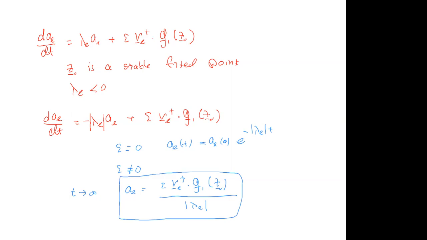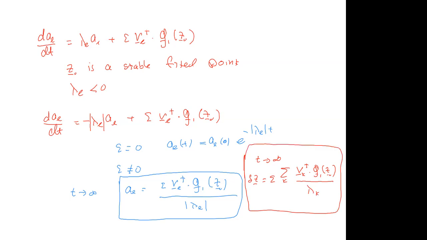So what that means is, as t goes to infinity, we can write delta Z equals epsilon, the sum on K of A_K, which is V_K dagger dot G1 of Z naught divided by lambda K. Okay, so it's kind of cool.